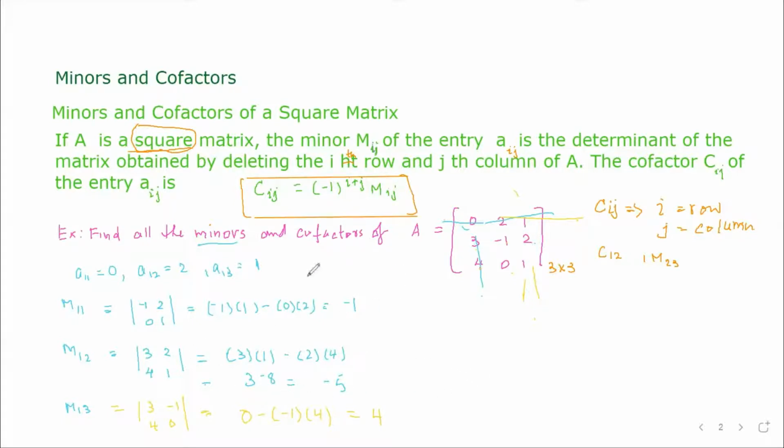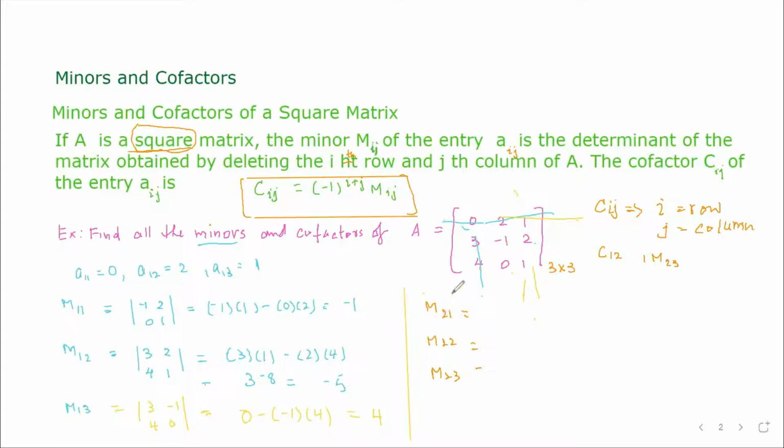Now, how are we going to get the cofactor? And you keep doing this. After this one, you do the next. The first row is finished, then you go to the second row: M21, M22, M23. Do the same way.